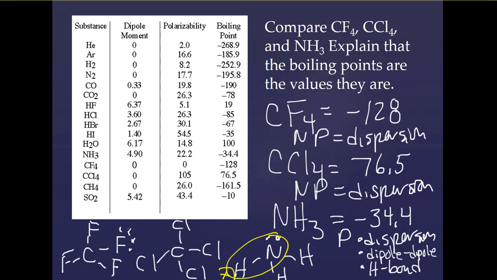But carbon tetrachloride is much, much bigger than ammonia. Ammonia is really tiny. And so that's why the boiling point of carbon tetrachloride is so much higher, because it has a greater polarizability. So just because it has hydrogen bonding doesn't mean it's going to be the strongest intermolecular force when you're looking at a set. But you would have to be given the boiling points so that you could compare.